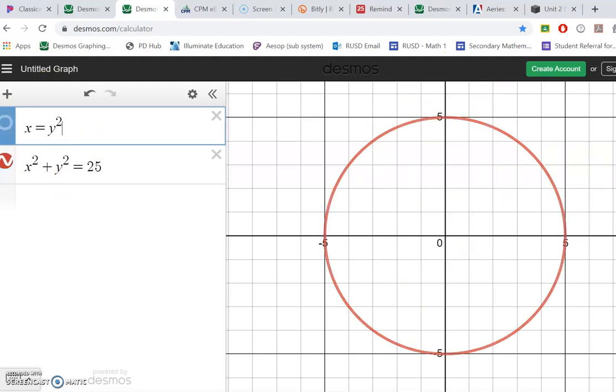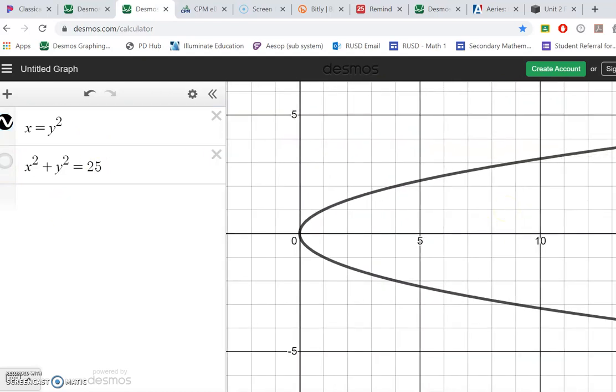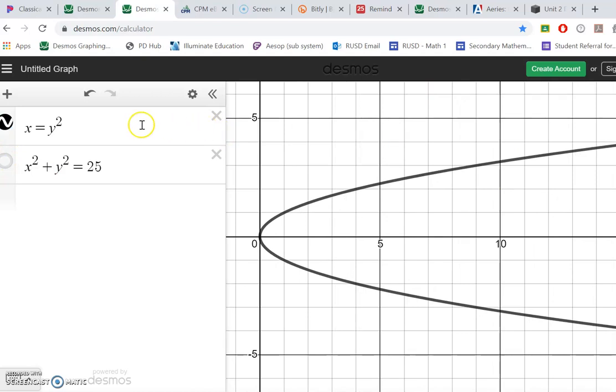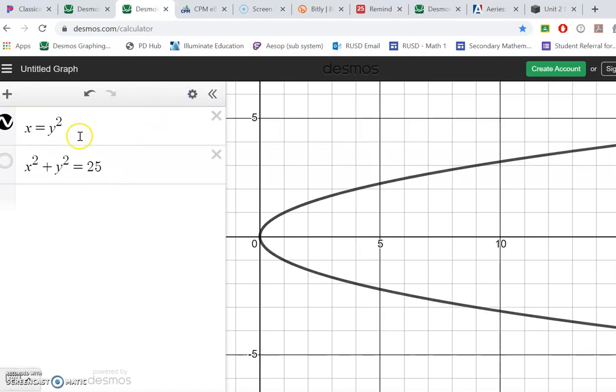So going back to this one, turning the circle off for a minute. And as you recall, we could turn this into a table for us, and it doesn't look like it's going to work. Since it's not a function, it won't do a table for me.